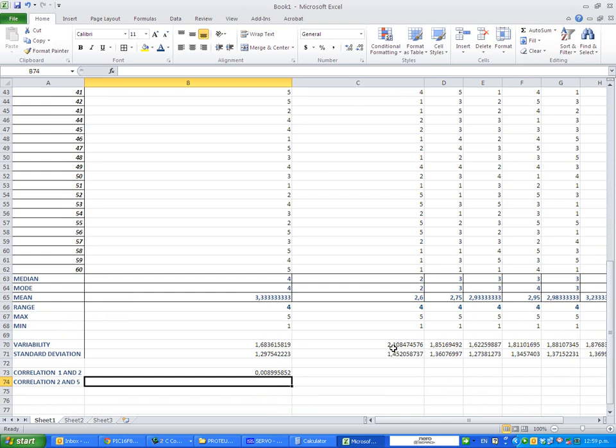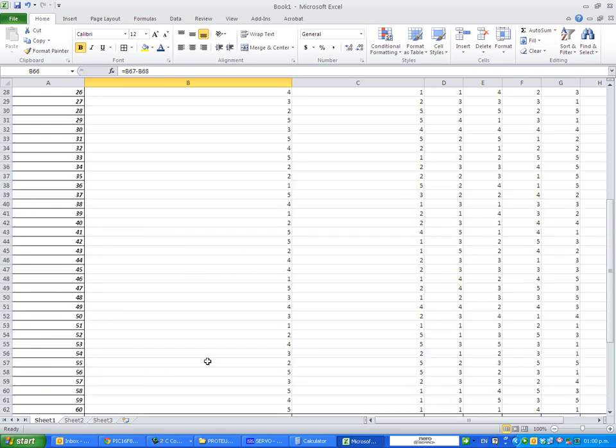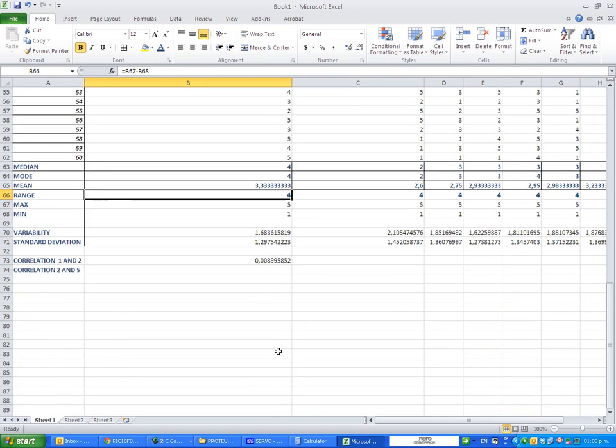Now, something that I'm going to ask you to do for the project is that I want you to graph the median, the mode, and the mean of each of our questions. You should be able to do this, and it can be your homework: how to graph the mean, the median, and the mode of each question.